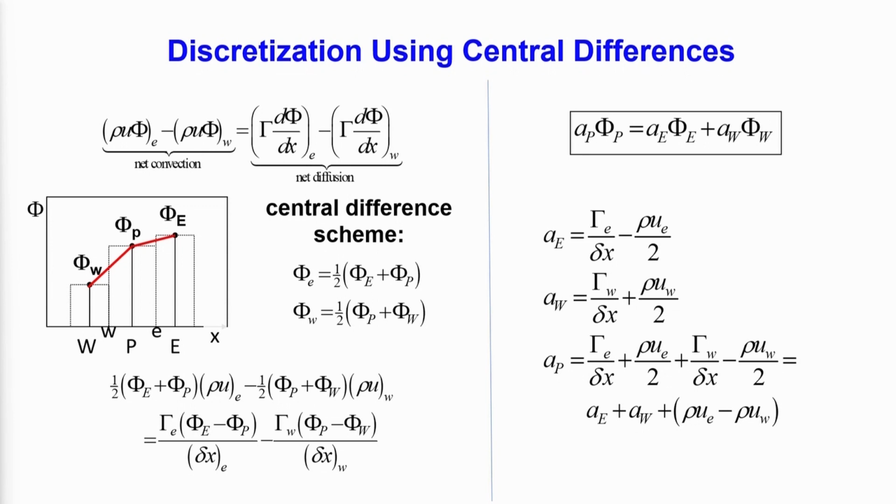Now, the main focus here is the left hand side, because this has now appeared as new to this problem. So, if you have small e midway between capital P and capital E and it is linear, then phi at small e is half of phi at capital E plus phi at capital P, because it is a linear variation, and similarly phi at small w.